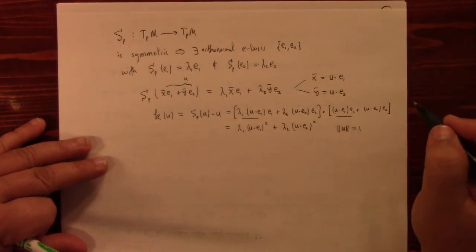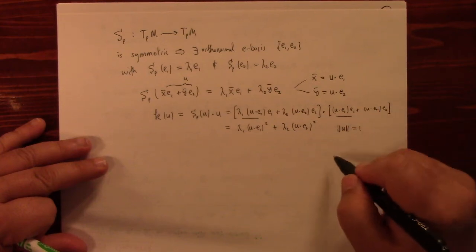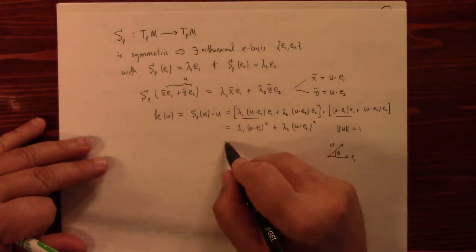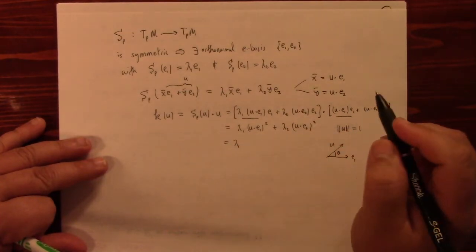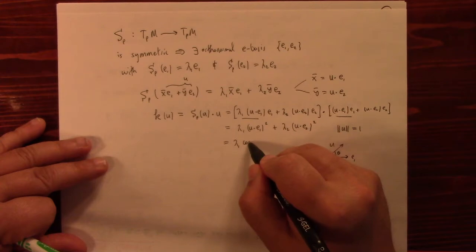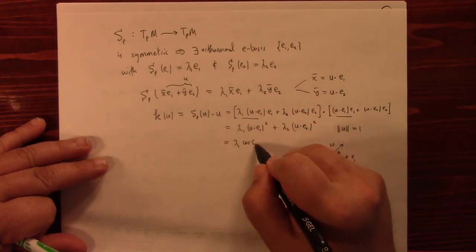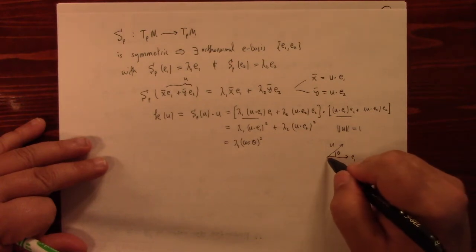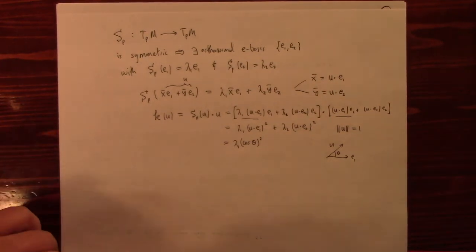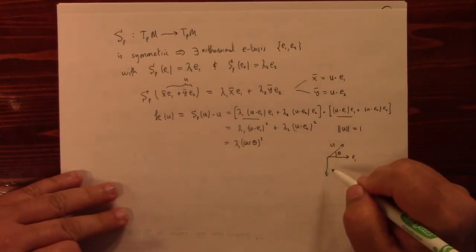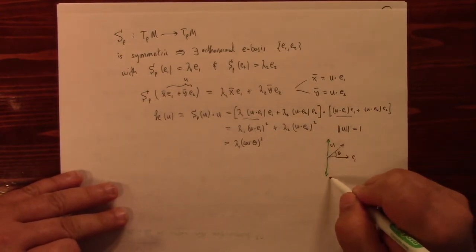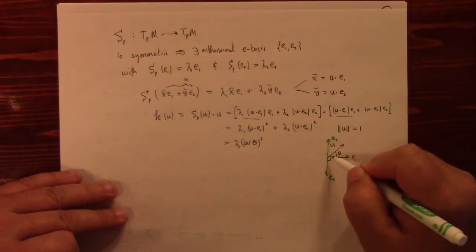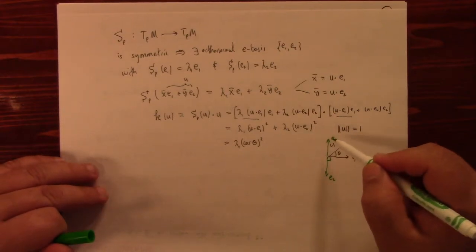So if we say that the angle between u and E1 is theta, then this becomes lambda 1 cosine theta squared, right? And then what is E2? E2 is either this one, or it's that one, because it's perpendicular to E1, right? So what's u dot E2?